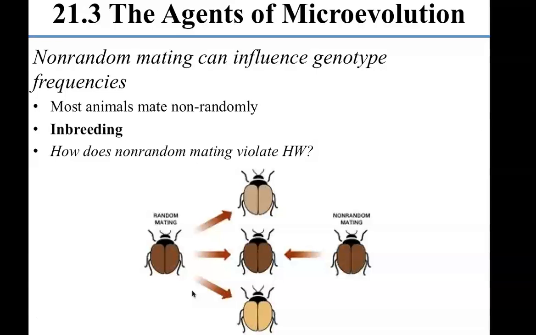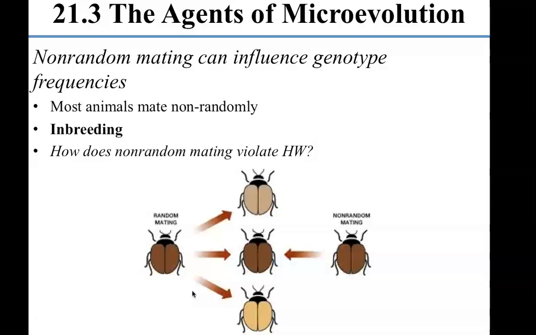And because closely related individuals often carry the same alleles, inbreeding usually changes allele frequencies in a particular direction. So it often increases the frequency of homozygous genotypes and decreases the frequency of heterozygotes. So just breeding with like individuals can change your allele frequencies, and that will violate Hardy-Weinberg principle number 5.